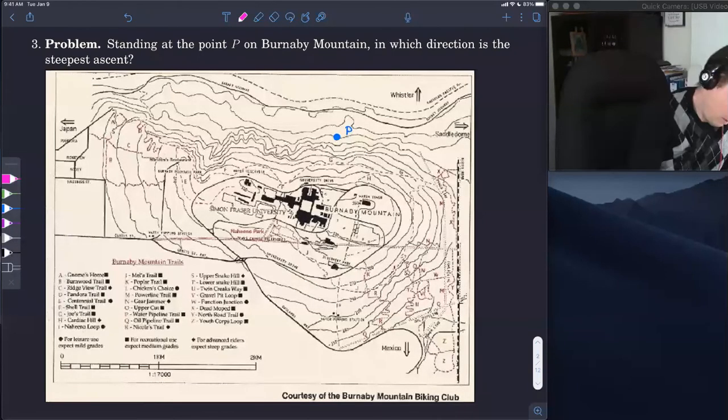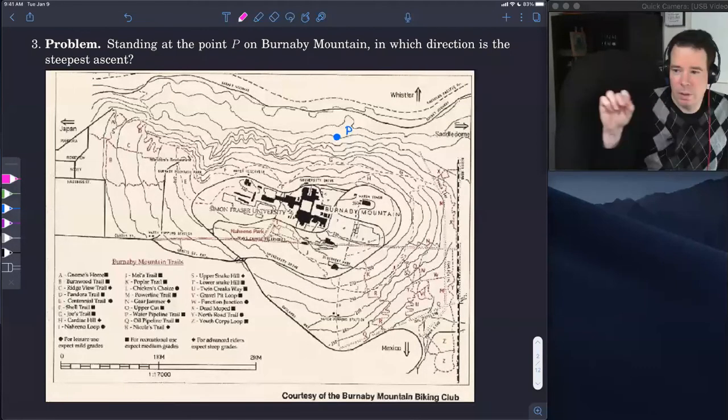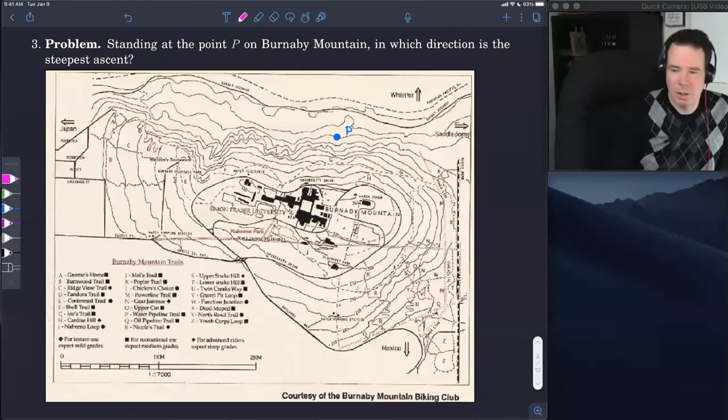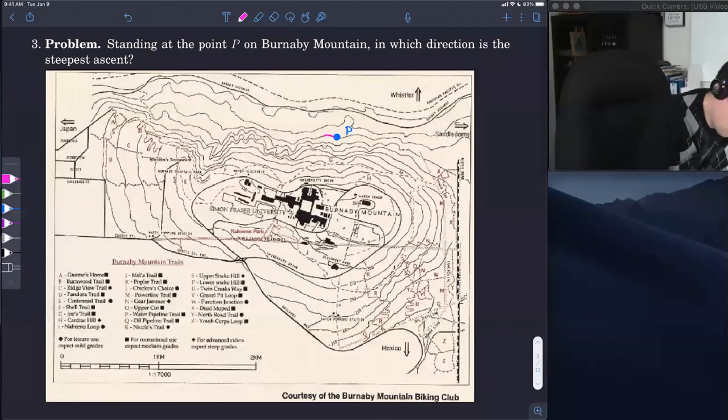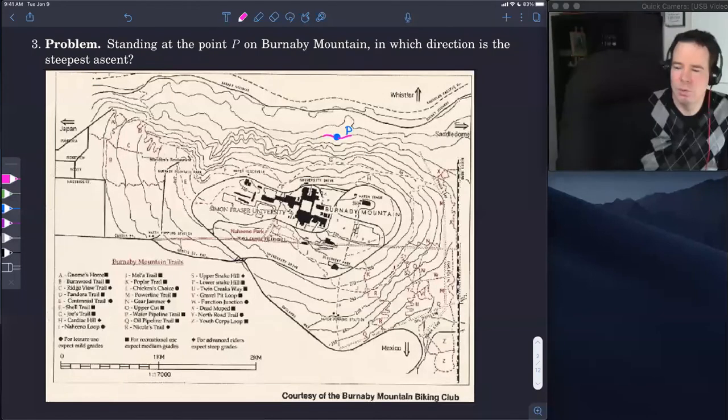These topographical maps are drawn in such a way that these curves are level curves. They represent trails that are all the same elevation. So if I move off in this direction or in this direction, I am neither gaining nor losing altitude. I am maintaining a constant height above sea level, if you will.